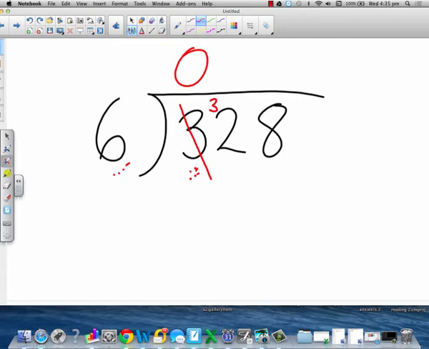Good. So now we're saying 6 into 32, which goes, well, 6 5s are 30, aren't they? And add the 2 because there's a remainder of 2. So 6 5s are 30, but you've got a remainder of 2, so we better pop that over there. And now we've got 6 into 28. Right.